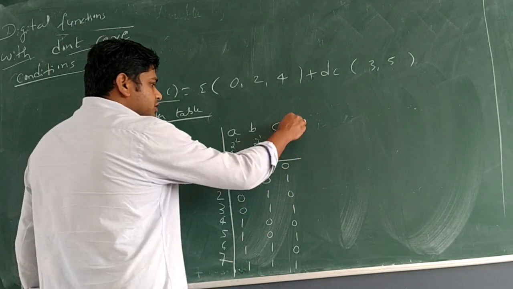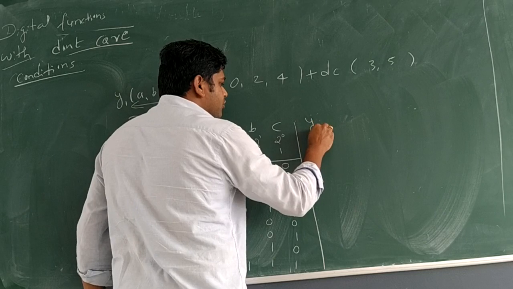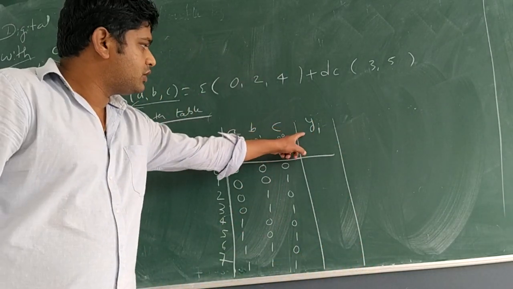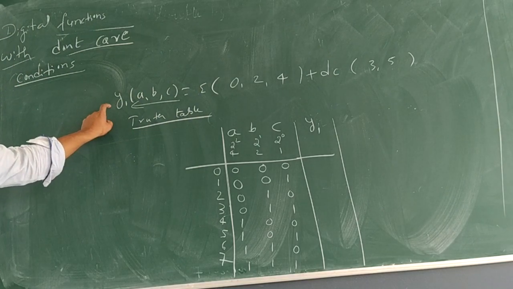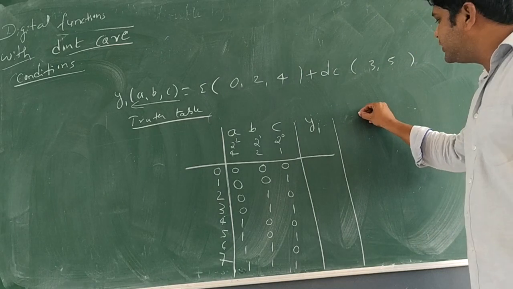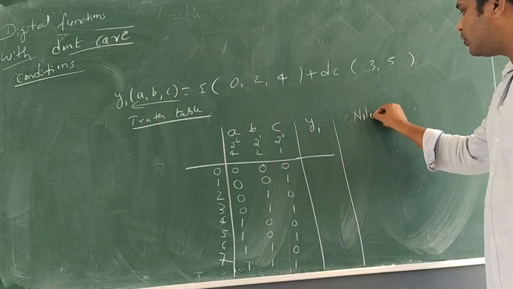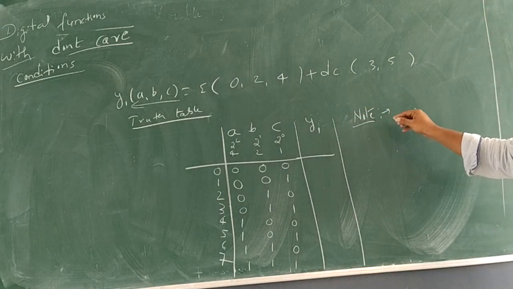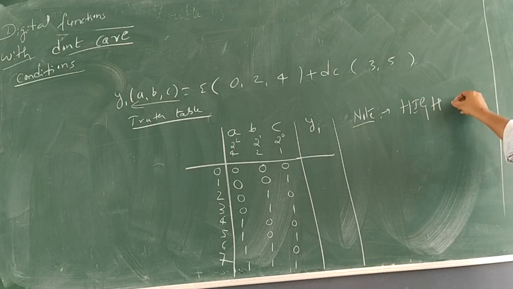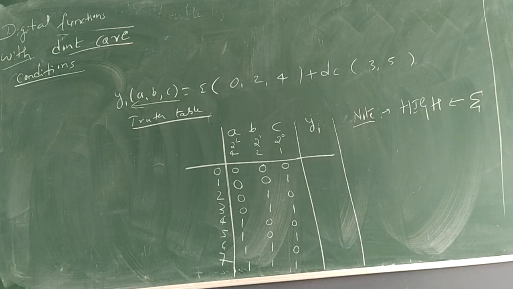Now this column is Y1. I am writing Y1 because I have to write the name of the function. See here, I will write one note point: fill high, that means 1, for elements in the summation set.